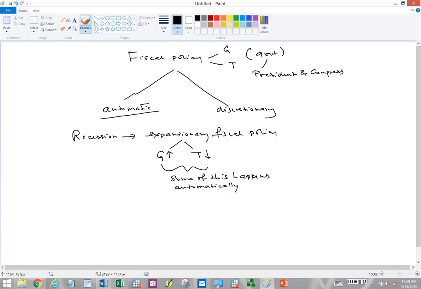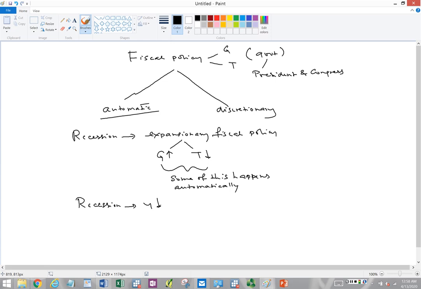How is that? Well, first, when there is a recession and real GDP decreases, and GDP, of course, is the same thing as aggregate income, correct? Remember the old idea from the circular flow of income that GDP was also income, right?